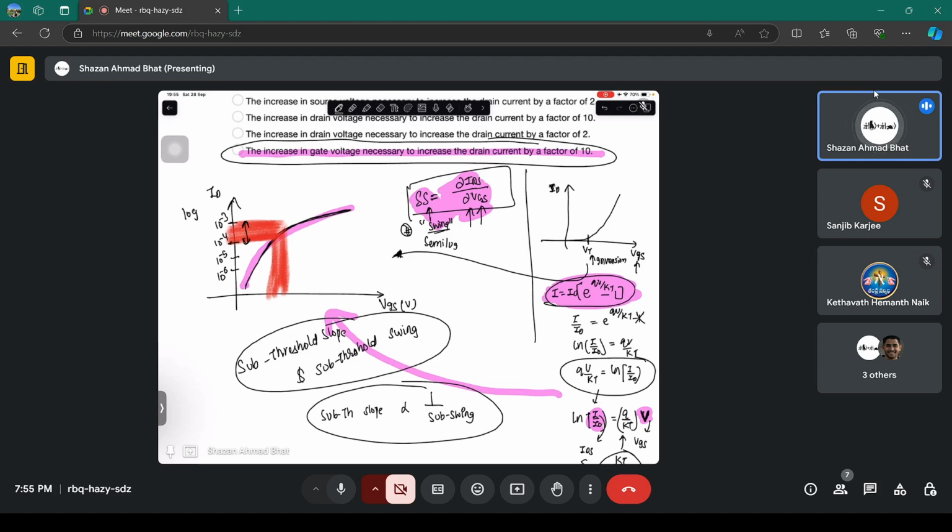You see that from this to this, a decade value has changed. It has increased by an order of 10. So this voltage is delta V, and this is delta I.